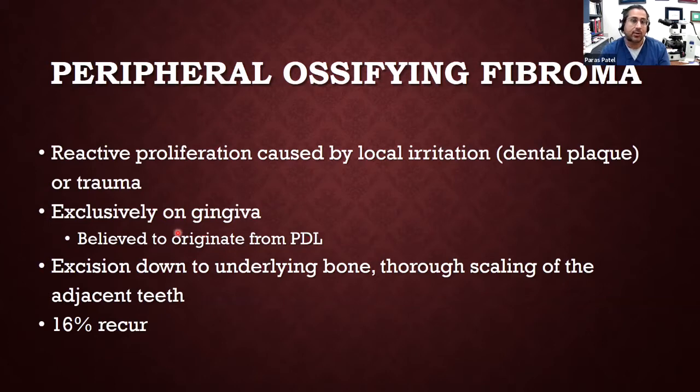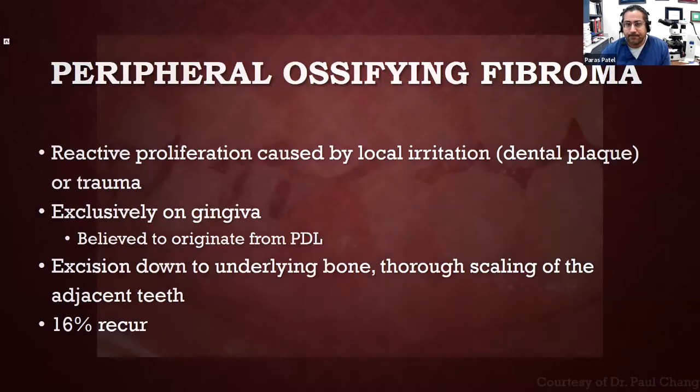Okay, so this is one that we won't see in edentulous bands or anything like that. It's believed to originate from the PDL, from the cells from the PDL, and excision down to the underlying bone with scaling and root planing is typically curative, as well as addressing any sort of poorly restored caries and things like that that may produce a little bit more of a plaque catch. And there is a little bit of a higher recurrence rate with some of these.